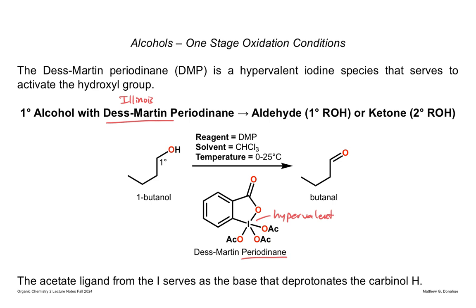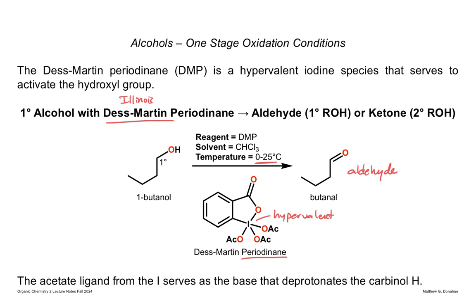And again, all it's doing is activating the H of the alcohol. It's pretty mild. You can do it at room temperature. The byproduct sort of falls out of solution. You filter it away. And in this case, since we're starting with a primary alcohol, we end up with an aldehyde.